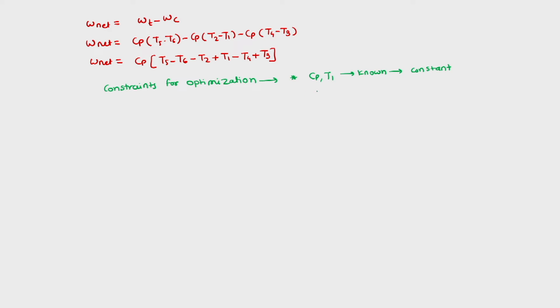The next constraint is Rp is known, so it is constant, and the next constraint is beta, which is Tmax upon Tmin, and in the present case Tmax is T5 upon T1, which is constant. So for these three constraints we will do the optimization.